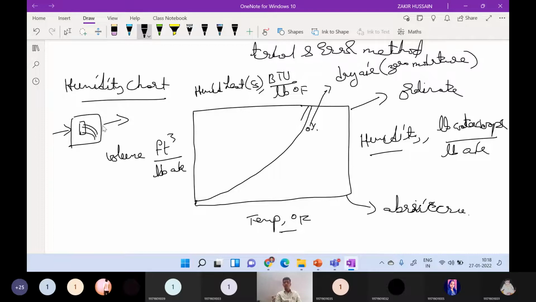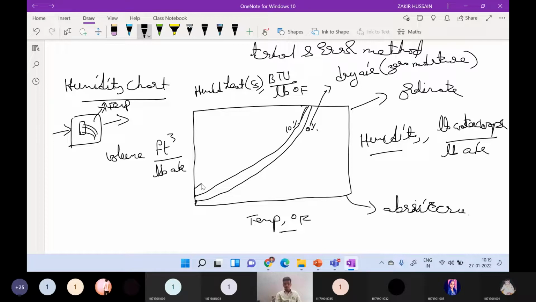Whenever you spray, the air temperature changes, and how much water vapor we add is represented by this curve. That is some 10% humidity.